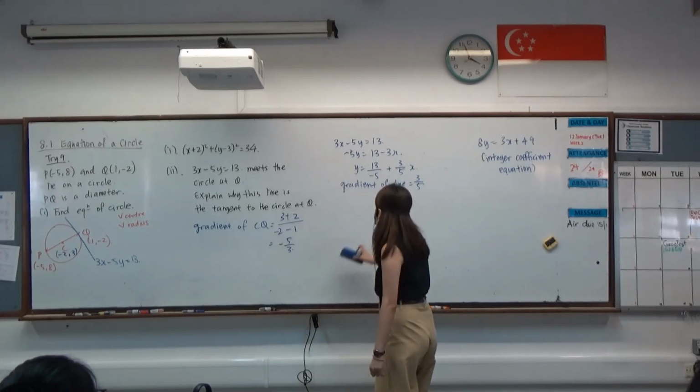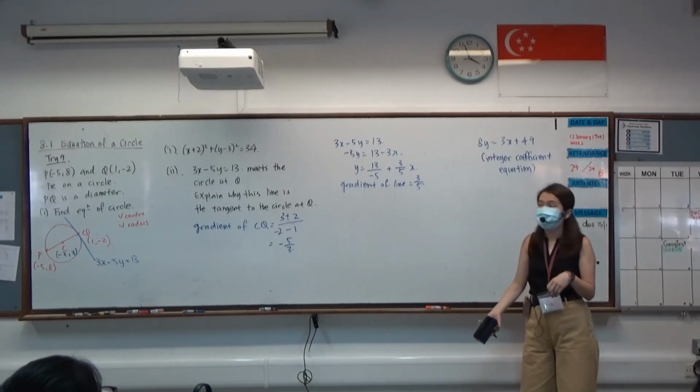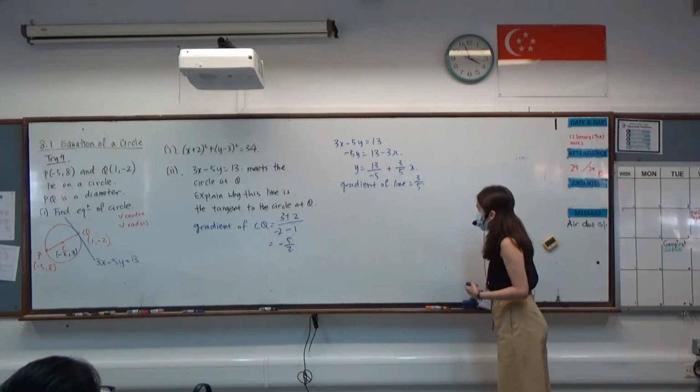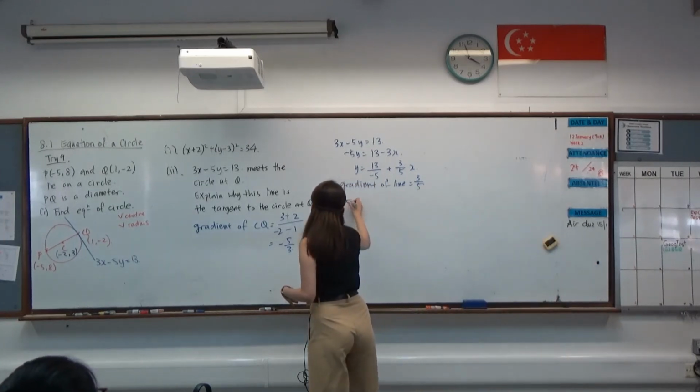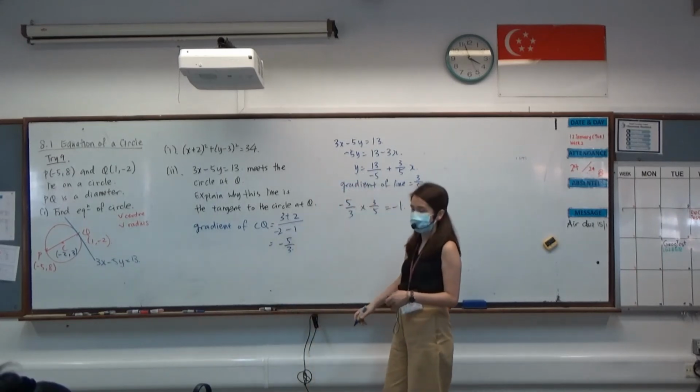Gradient of that line, because at least up to here, we have not yet verified that it is a tangent, so we call it just a line. Don't say gradient of tangent yet, it's 3 over 5. So we see that negative 5 over 3 times 3 over 5 equals to negative 1.